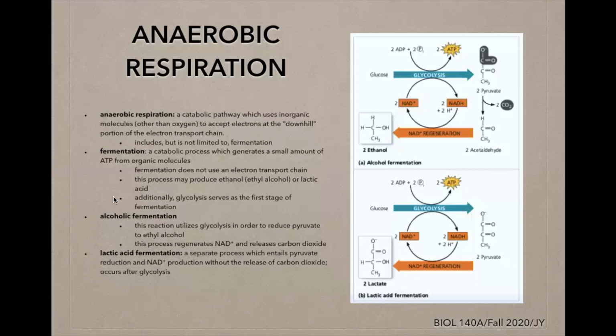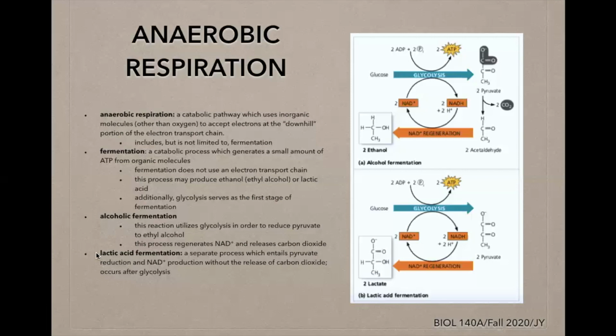So there are two types of fermentation, actually. There's alcoholic fermentation and lactic acid fermentation. Alcoholic fermentation uses glycolysis in order to take pyruvate and reduce it down to ethanol, which is also known as ethyl alcohol. And in alcoholic fermentation, we also have NAD+, which is regenerated so that carbon dioxide can be released. And in lactic acid fermentation, pyruvate is still reduced.